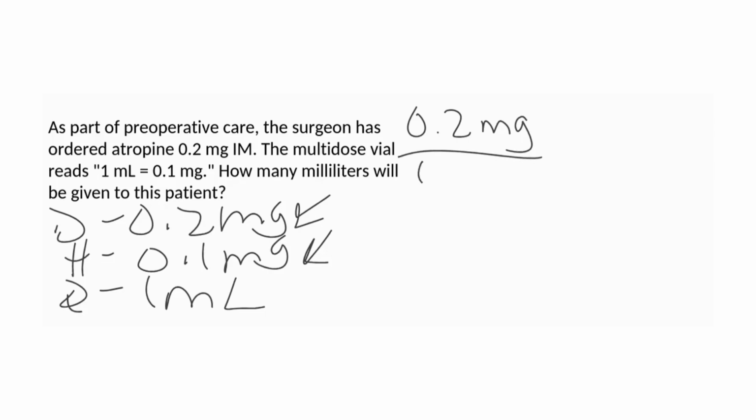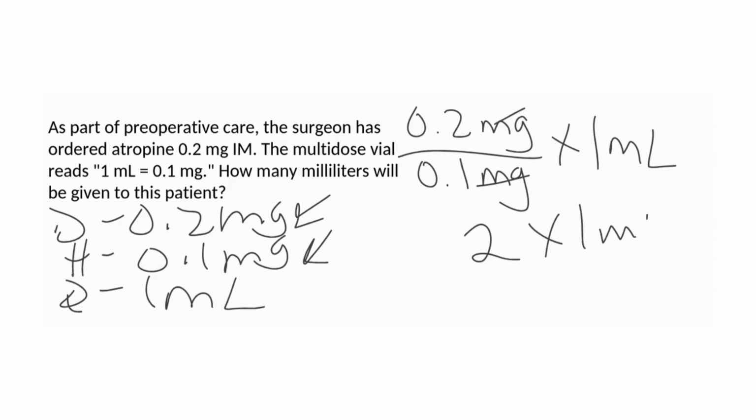We have 0.1 milligram, times our quantity, 1 milliliter. 0.2 divided by 0.1 is 2. Our milligram cancel out, times 1 milliliter. 2 times 1 is 2 milliliters. So how many milliliters will be given to this patient? 2 milliliters.